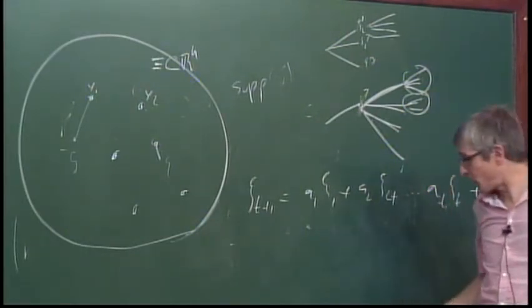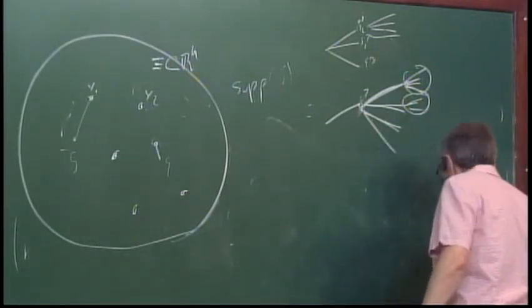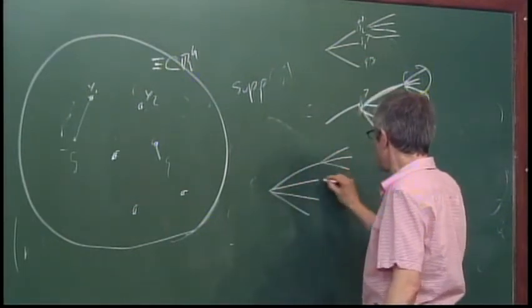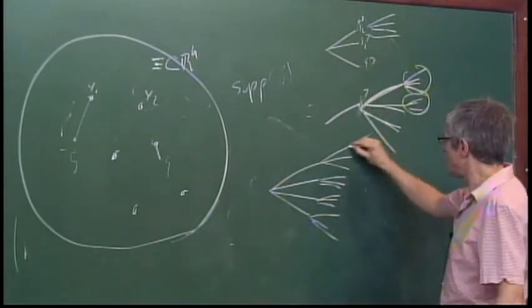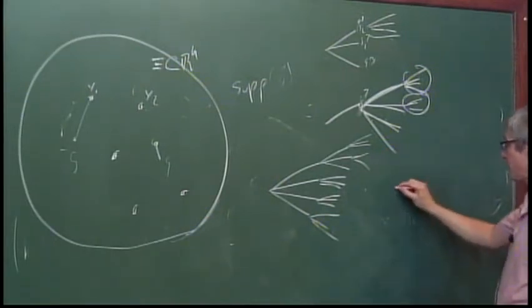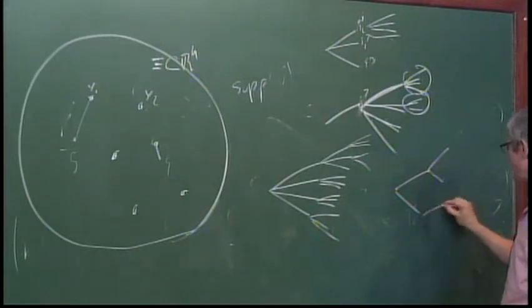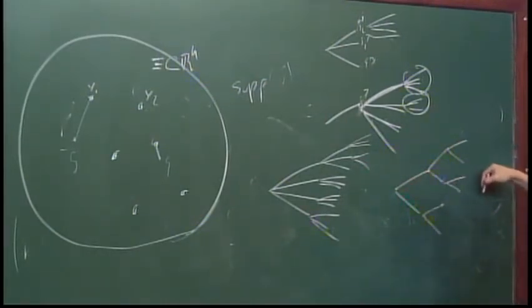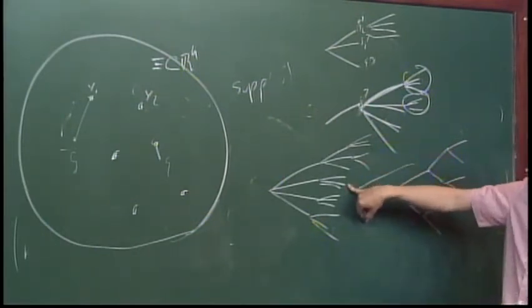One way of thinking of this is that I have an original tree. This is my original process. I can have many branches, and then here I have many branches. And I want to find a smaller process, maybe with only two branches, that has a much smaller number of scenarios but still approximates the big process.